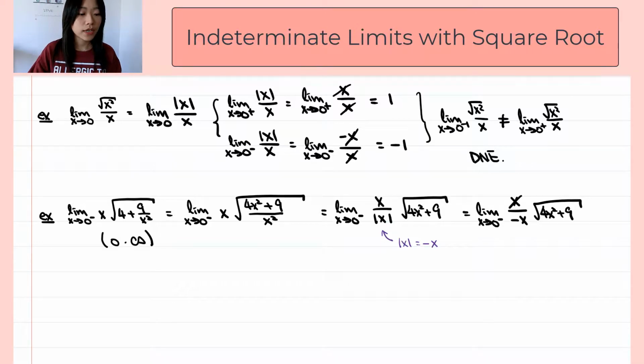The x in the numerator cancels with the x in the denominator. So this equals the limit as x approaches 0 from the left of negative square root of 4x squared plus 9. Then we use direct substitution. We substitute x by 0. We get negative square root of 9, which equals negative 3.